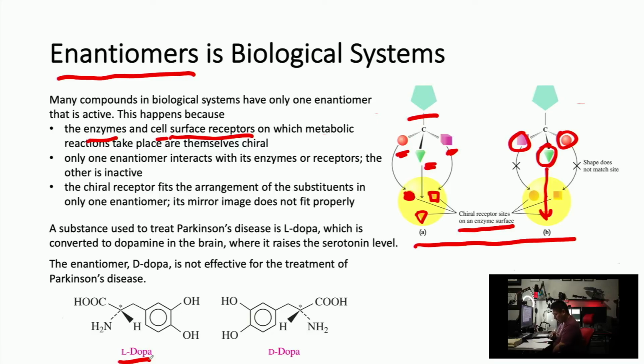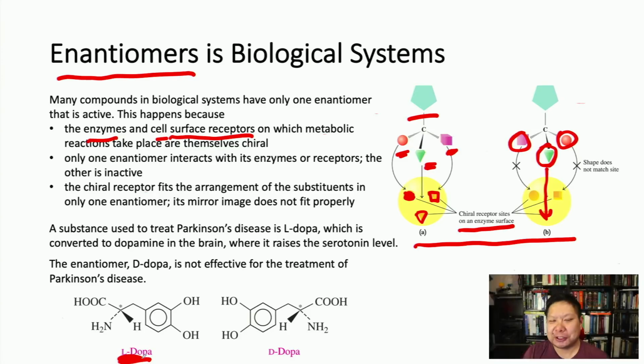We'll talk a lot about amino acids later. Interestingly, only the L version of DOPA is the one that is active. The D version of DOPA is not active in treating Parkinson's disease.